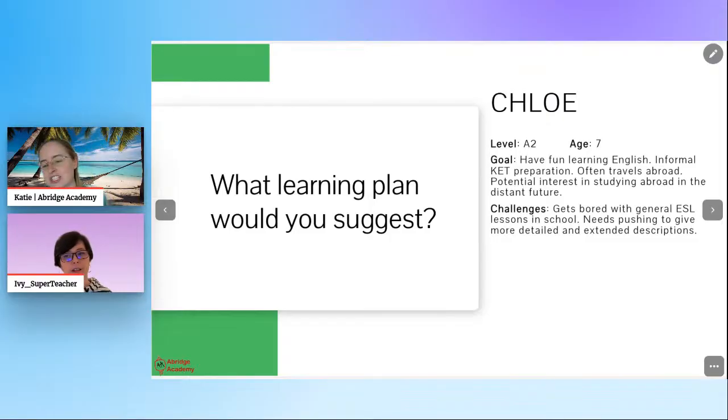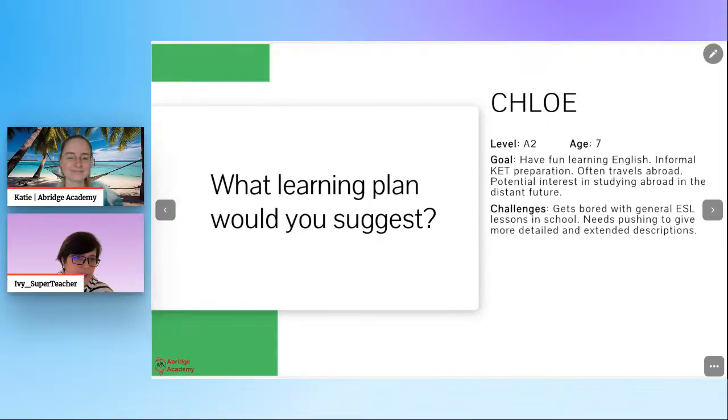Okay, coming back to my student Chloe then. We haven't got any suggestions in the chat for Chloe. I can share. What do you think, Ivy? I definitely think Your Stories, because I love all the parts like reading and then reinventing the ending. And also maybe project based learning and incorporating her own interests, most definitely. Because if she doesn't want to express herself much, I mean, it's also age related.